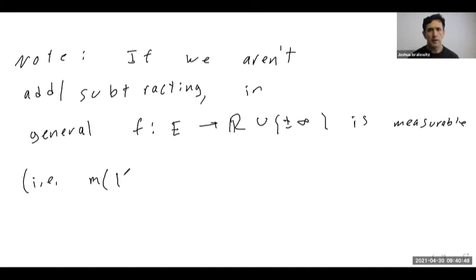So to clarify that, the measure of all x in E where f of x is plus or minus infinity, and this is measurable, so this set I'm writing is a measurable set, is allowed.